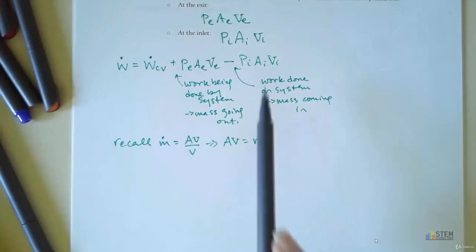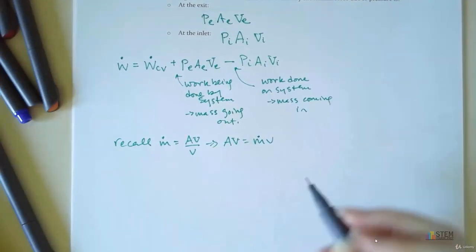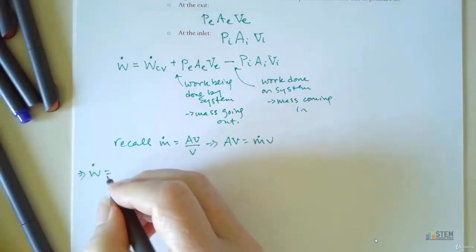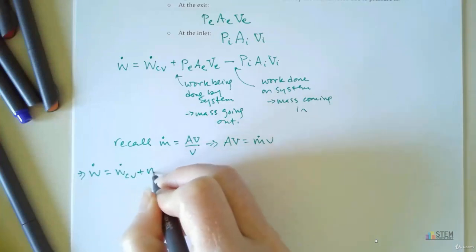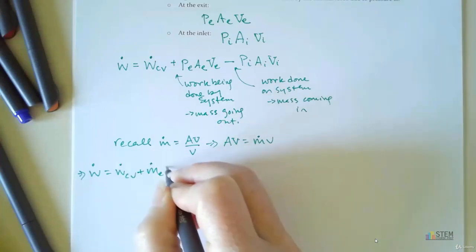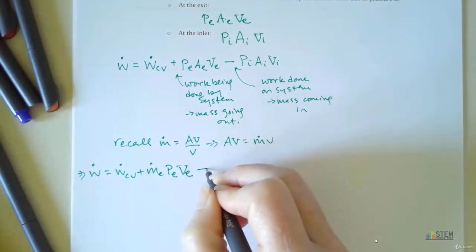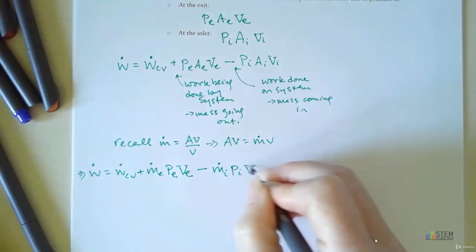Let's replace A and V in this equation with m dot and v. That'll give us W dot equals W dot CV plus ME dot times PE times vE minus MI dot PI times vI.